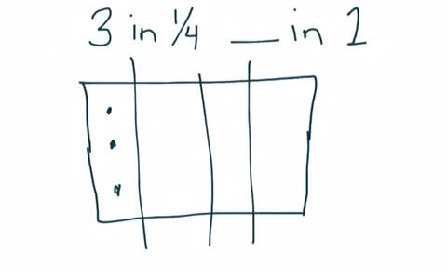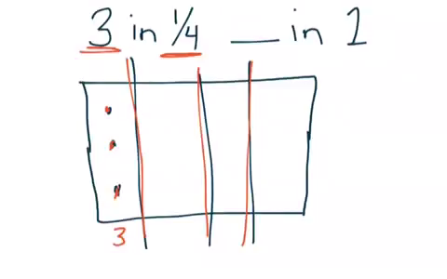All right, let's do another one. So there are 3 cookies in a fourth of a box. So we took that box, split it into 4s, and we know that in this fourth there are 3 cookies. We need to figure out how many cookies would be in all. So there's 3 cookies here, 3 cookies here, 3 cookies in this one, and 3 cookies in this one.